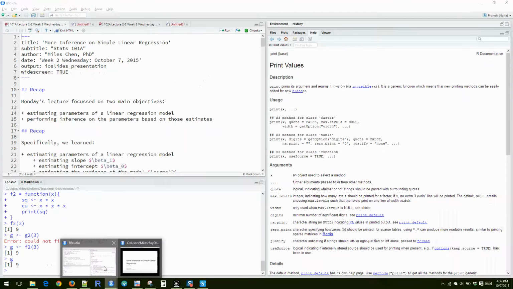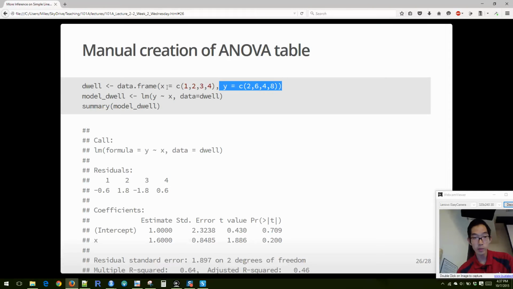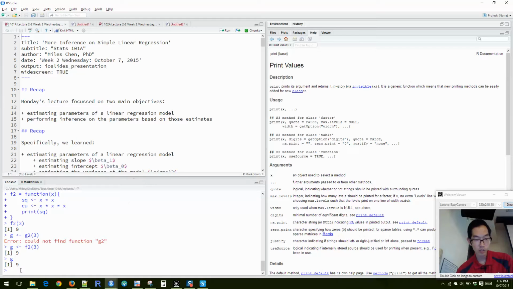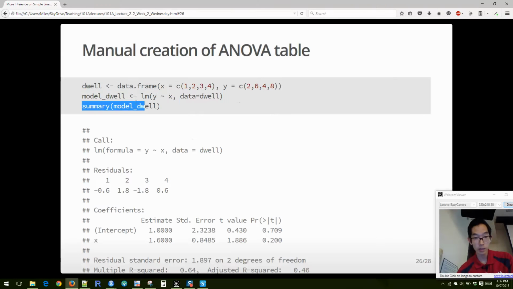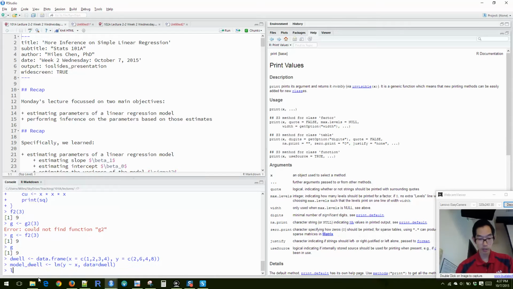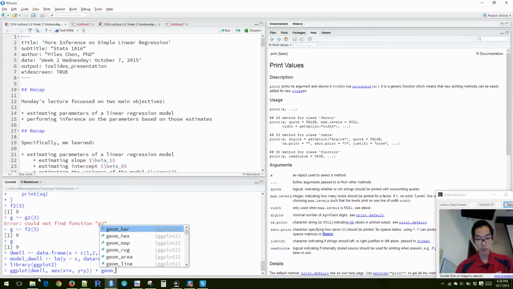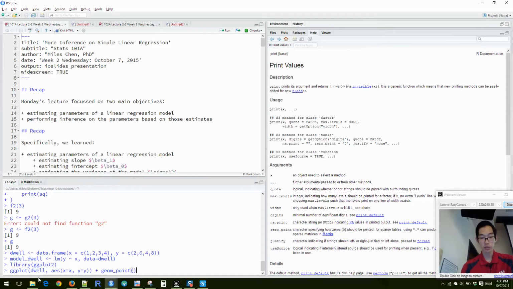Let me also just graphically illustrate this. So I want this, and then I want this, and then I've got to do library ggplot2, and then we want ggplot with aes x equal to x, y equal to y, plus geom, plus stat smooth.